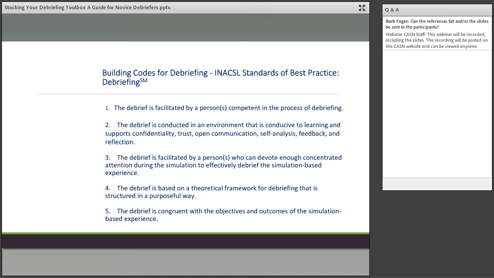They're actually coming out with a new standard on operations for simulation facilities in the year. But now let's go back. Number one, the debrief is facilitated by persons competent. And I want to underline the word competent in the process of debriefing. It doesn't mean it's just whoever's got time, whatever instructor's here, whoever has a course release can come and debrief, or whoever's got the most education.